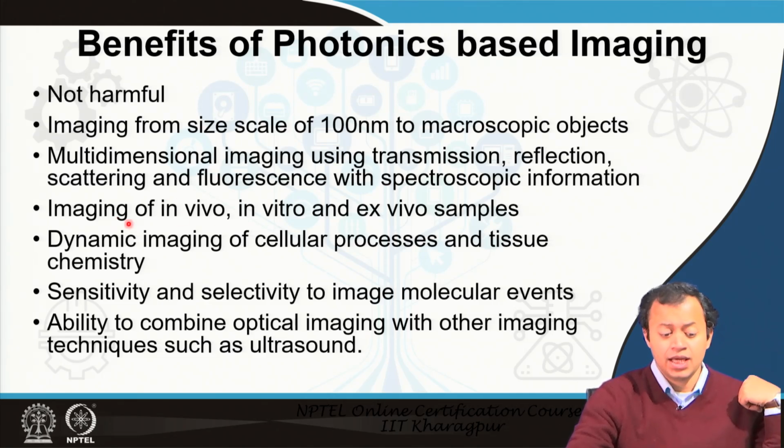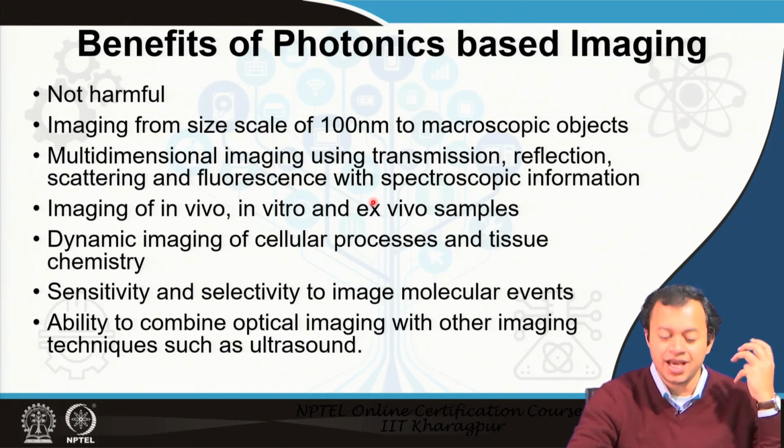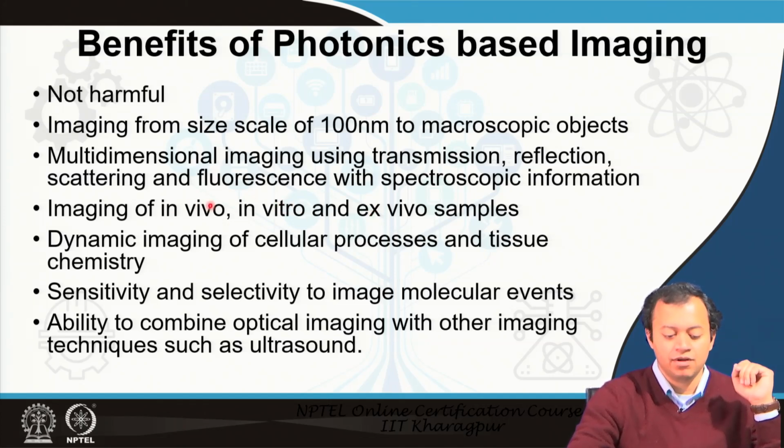As I said, you can have in vivo imaging, in vitro imaging, as well as ex vivo samples. Ex vivo is a combination of in vivo and in vitro, where a living sample is taken out of the body, and the natural conditions are maintained artificially as much as possible, but it's still more or less in a petri dish type of environment. In vitro, vitro is glass, and in vivo is in life.